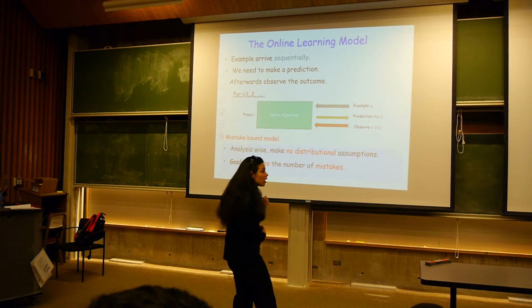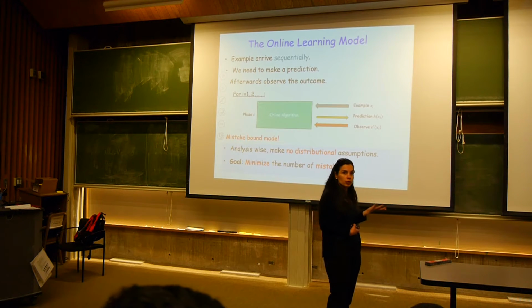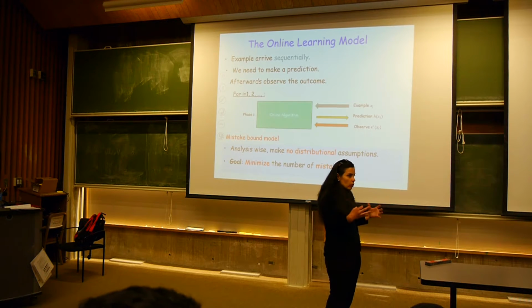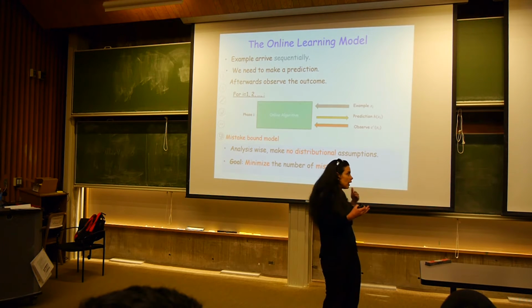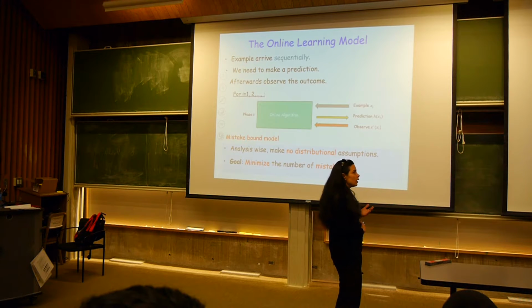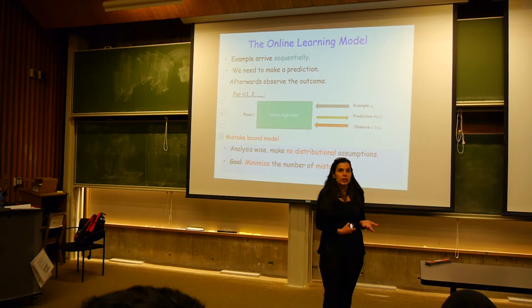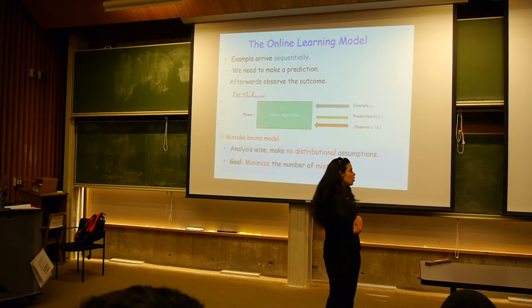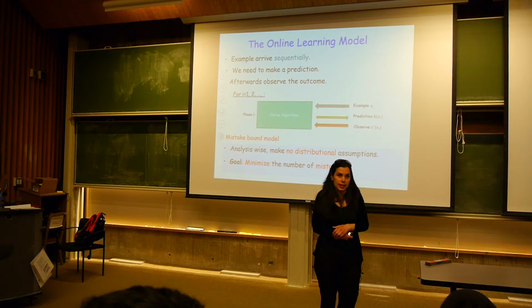So we make no distributional assumptions from the analysis point of view. Of course, there are also variations of this, but in the basic model, we make no distributional assumptions. And the goal there is to minimize the number of mistakes. Now we cannot guarantee some sort of absolute error, because the data doesn't come from a distribution, but our goal is to minimize the number of mistakes.